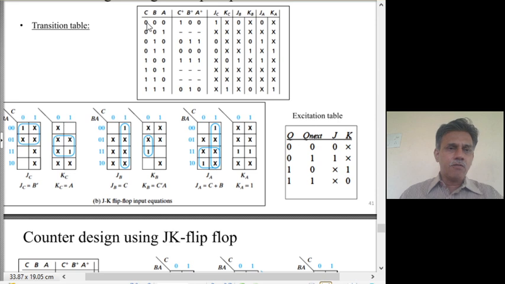Within the first 4 rows or the first column, B is more significant than A. That means that you can straight away copy the value corresponding to JC and enter it here, but while putting it in the first column, you have to only look for these things: 00, 01, 11 and 10.